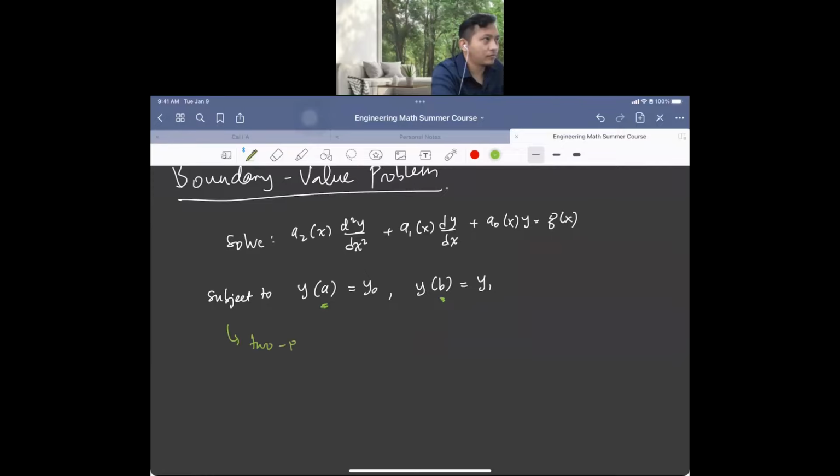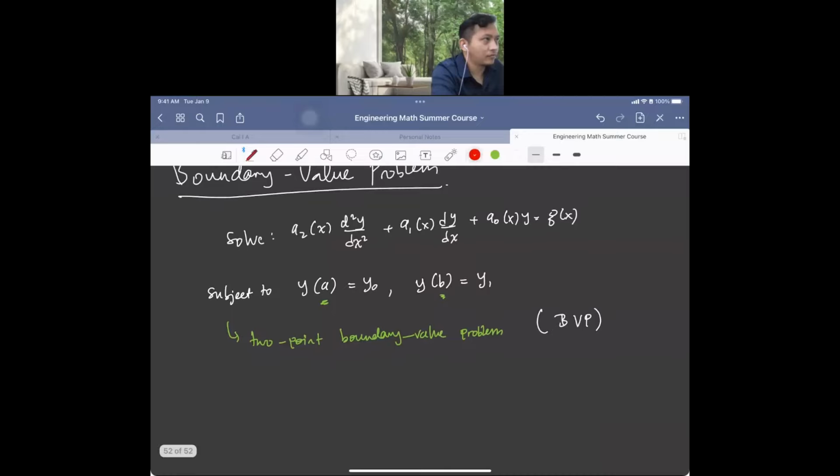So we call this a 2-point boundary value problem, or simply BVP. So we have IVP, initial value problem, and BVP, boundary value problem. And this is called the boundary condition.